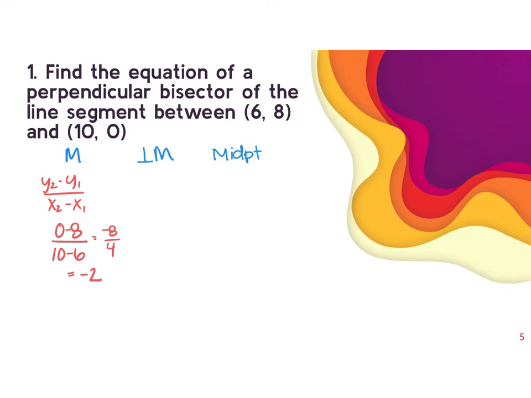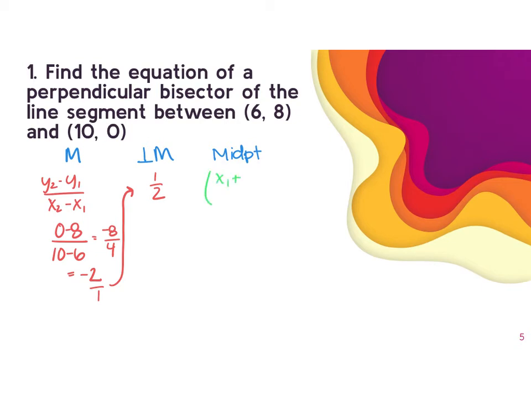For our perpendicular bisector, we need the perpendicular slope. Remember, it's the opposite reciprocal. So right now we have negative 2 over 1. It's going to become 1/2. That's for our perpendicular bisector. And then we need to find our midpoint: average of the x's, average of the y's.